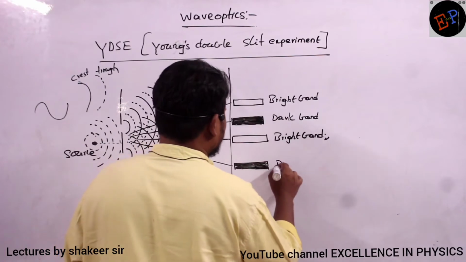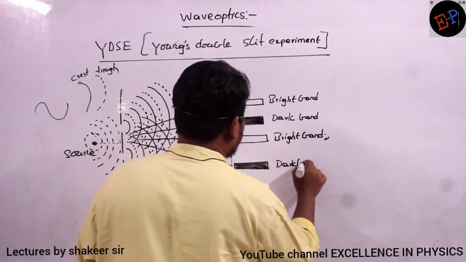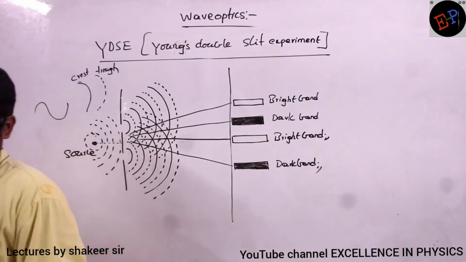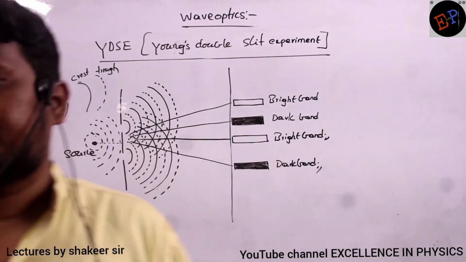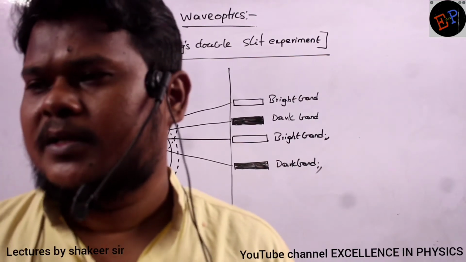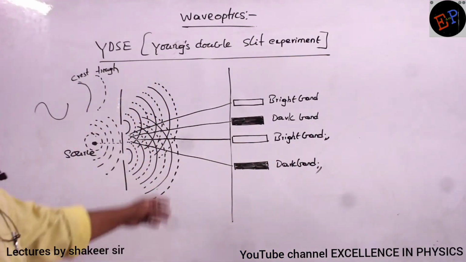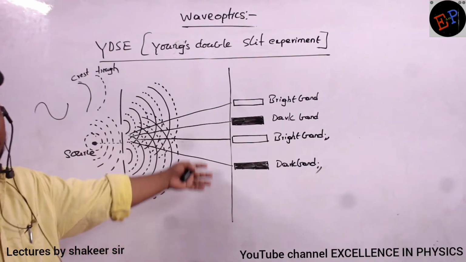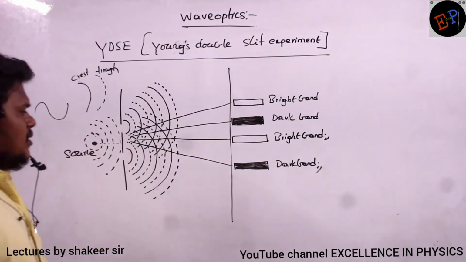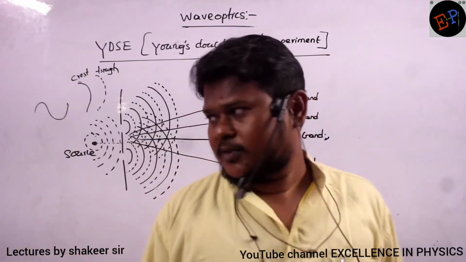So this is a dark band. Therefore, this experiment proves that light always travels in the form of waves, and they superpose or interfere to continuously form bright bands as well as dark bands. Are you able to understand? Okay.